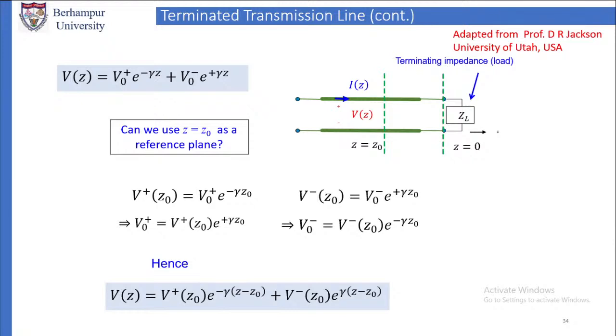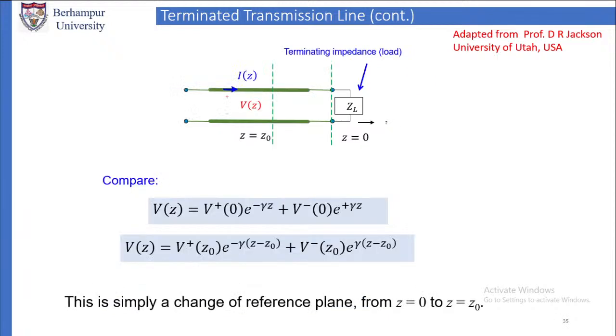What we have done is use the laws of indices: x to the power a into x to the power b is x to the power a plus b, or x to the power a into x to the power minus b is x to the power a minus b. Here x is e, e to the power minus gamma z into e to the power gamma z0, so you get minus gamma (z minus z0) in both cases.